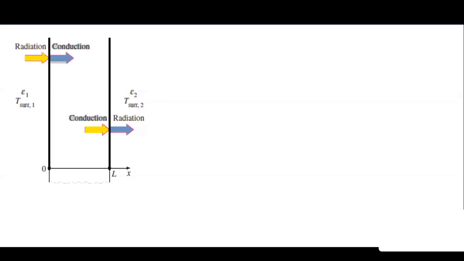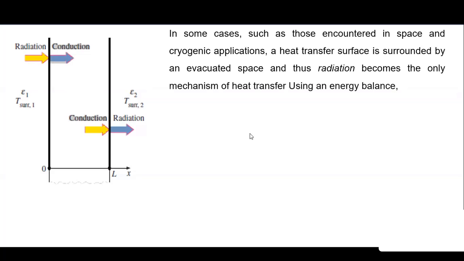Similar to the convective boundary conditions, sometimes it is possible that we can write down the equation in terms of radiation. The equations are very similar to the convective boundary condition, and you can see that the radiation is happening at the surface and the conduction is taking place subsequently. So let us find out.